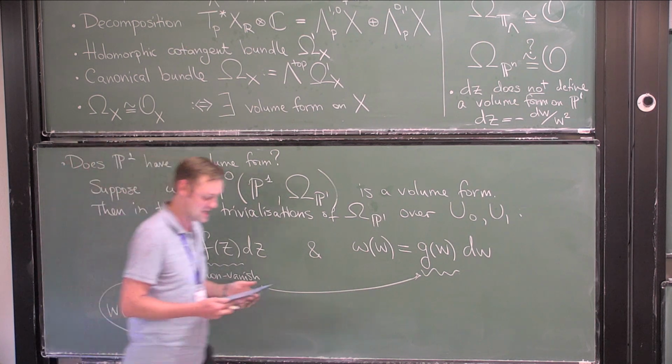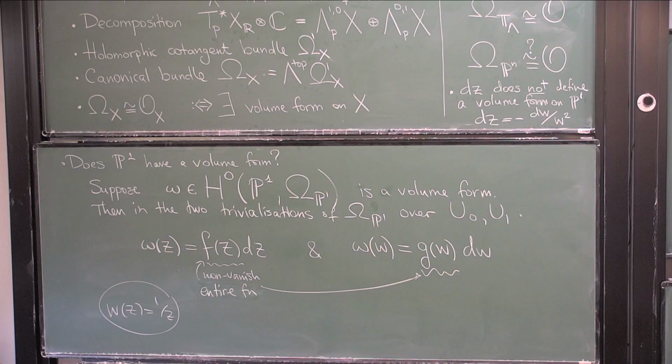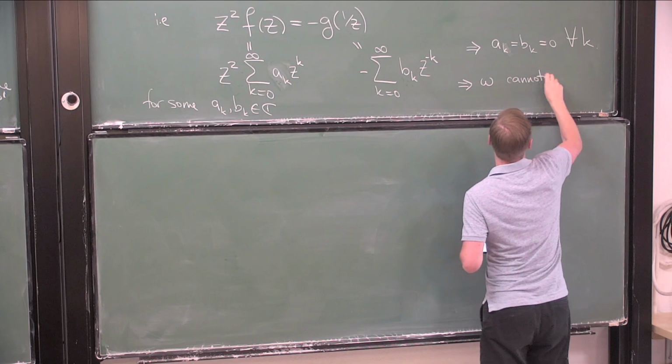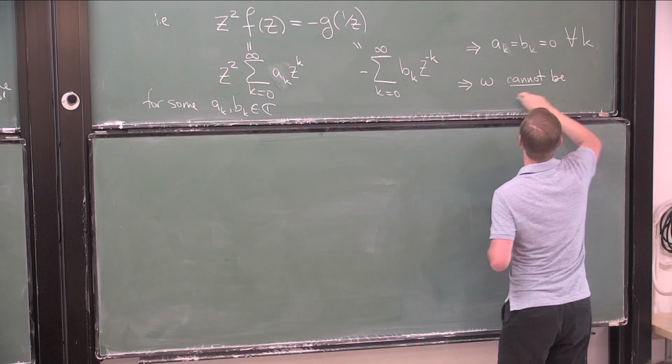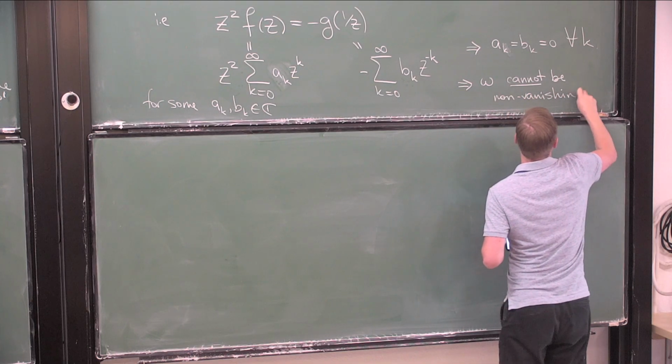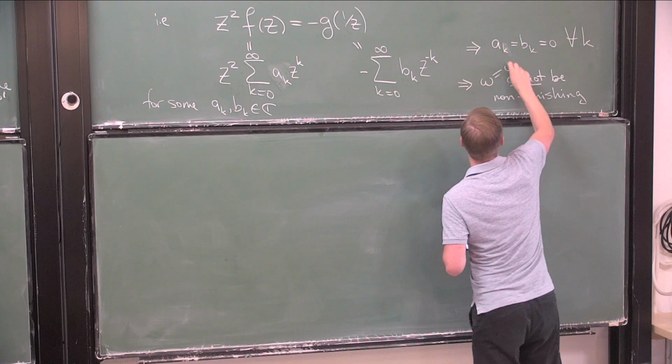It's vanishing everywhere. So omega cannot be non-vanishing. I can even say something stronger. Omega is just 0.